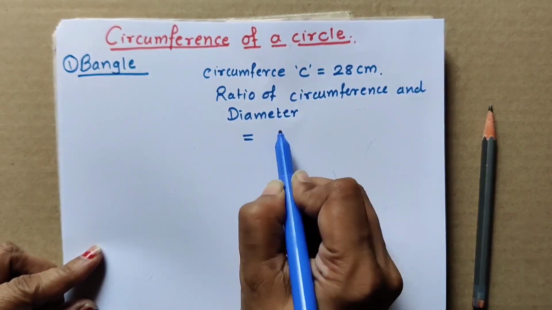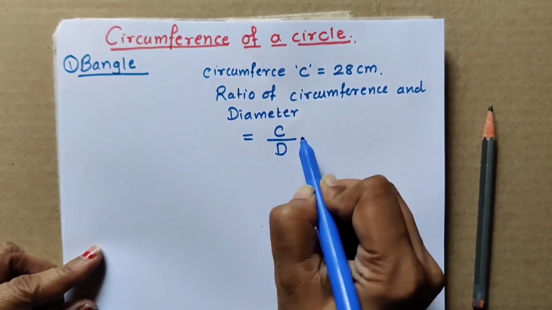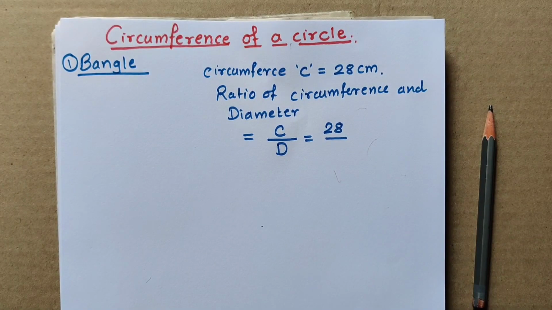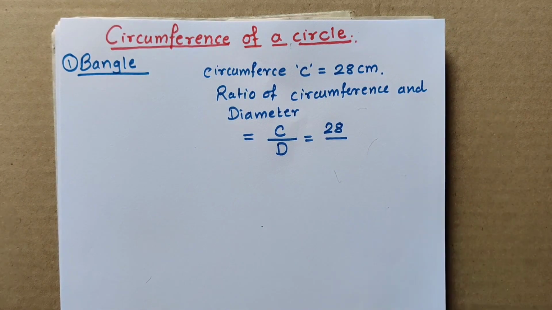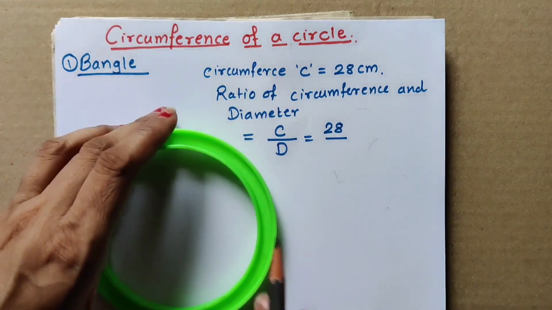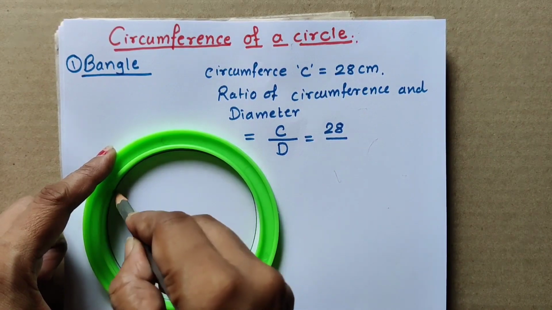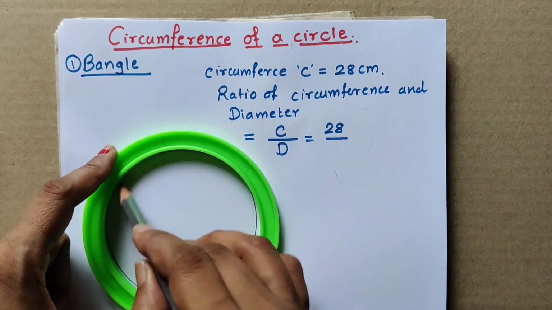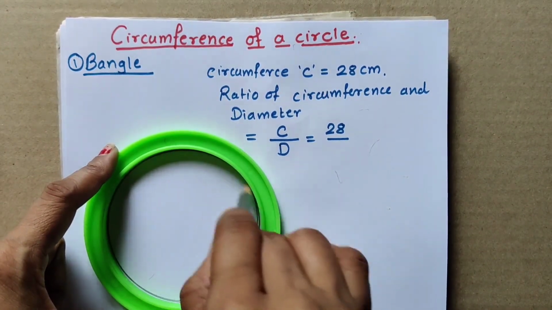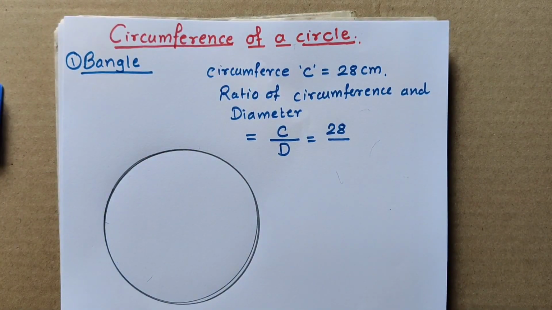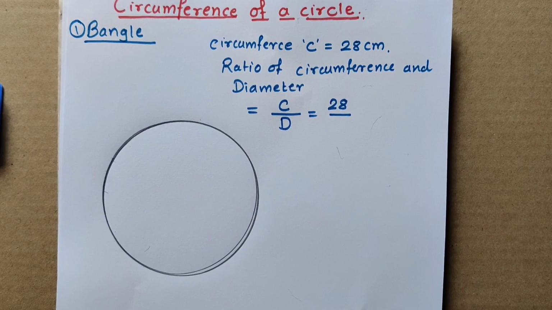Okay, so circumference upon diameter ratio also we can find out. 28 upon. Now in this case, to find the diameter becomes difficult because this is a circular object, and for diameter I have drawn one circle inside. As you all can see here, I have drawn the inner circle.